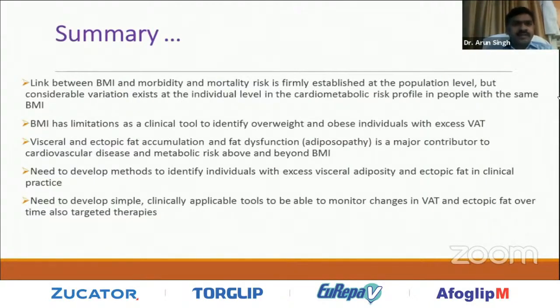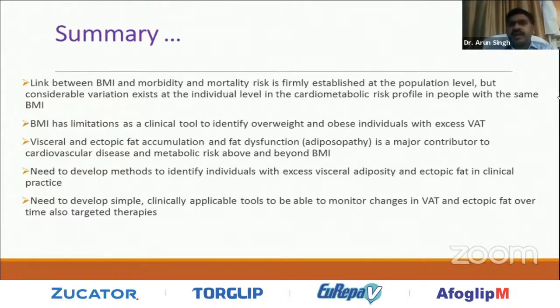So to summarize, we all know about the importance of body weight and BMI, and it's linked with morbidity and mortality. On average, at the population level, there is a fair correlation between BMI and morbidity and mortality risk. But at the individual level, considerable variation exists, and that needs to be taken into consideration.